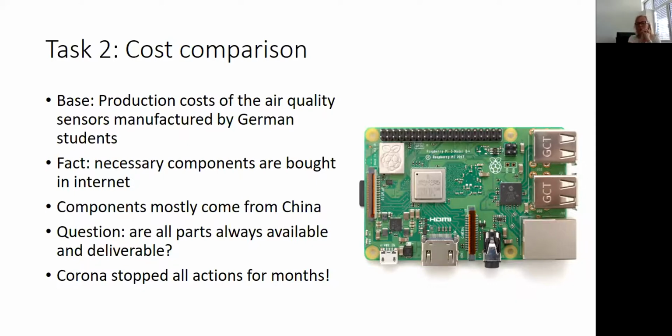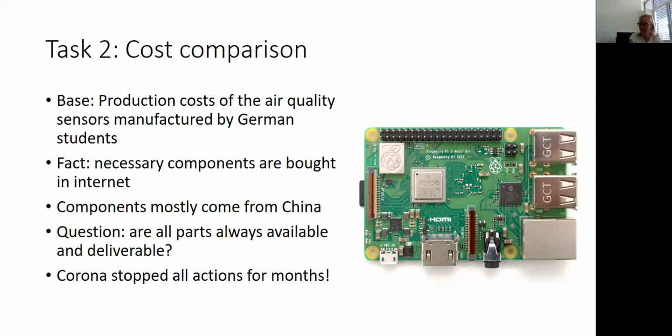So this means that when we get the cost, for example, for the sensors done with our German colleagues, we could compare the costs. And nowadays we really know what can happen, because if we mostly buy and purchase everything from China and everything via internet, we will have a problem in a situation like this.